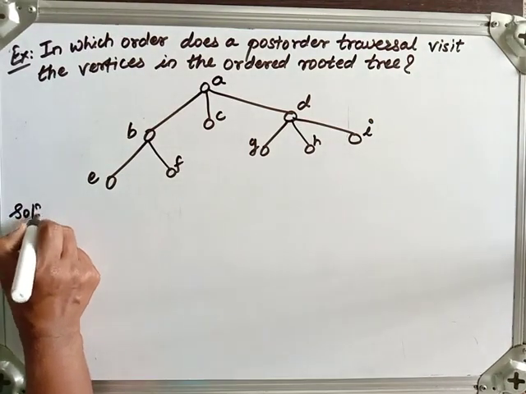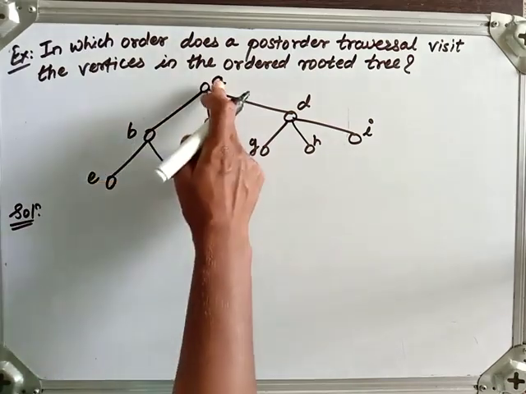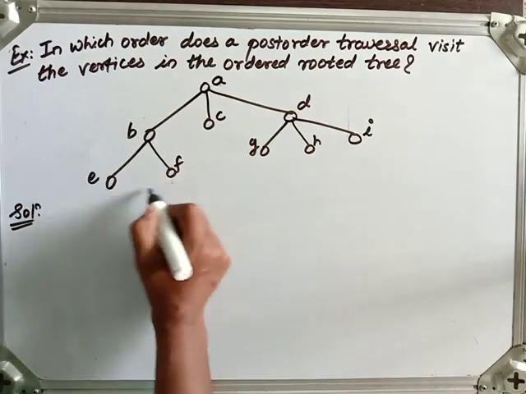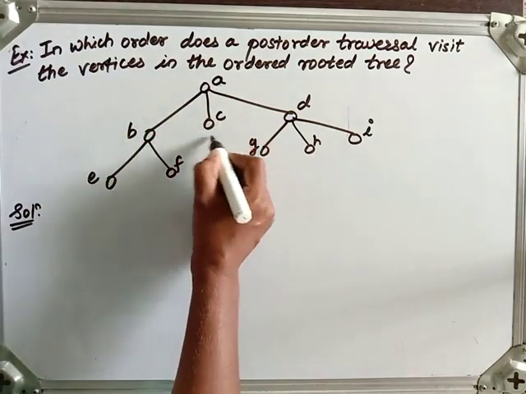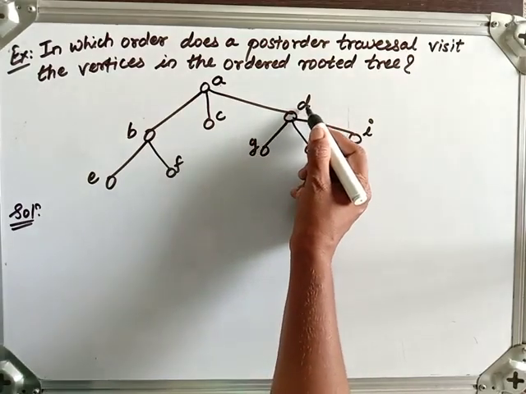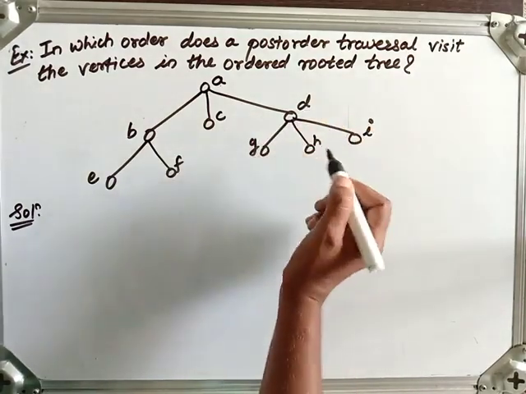So solution, first of all we have to visit all subtrees of this root. So A is root here. This is our first subtree, C is the second subtree, and this with D as a parent as the third subtree here.